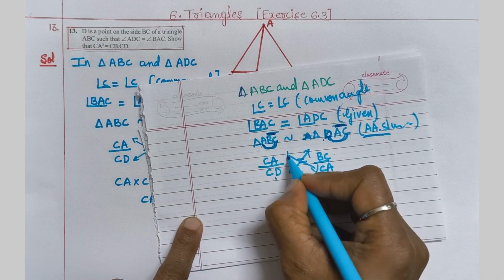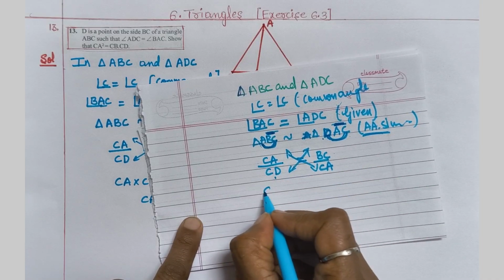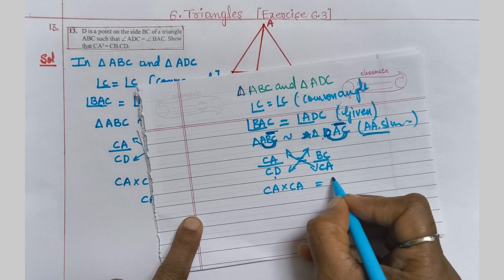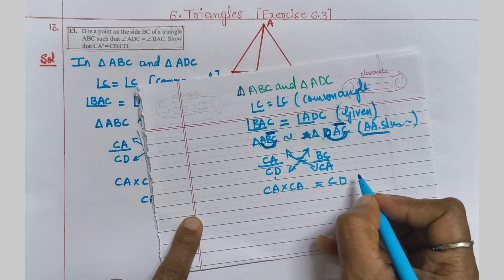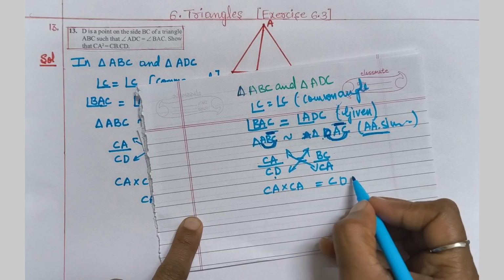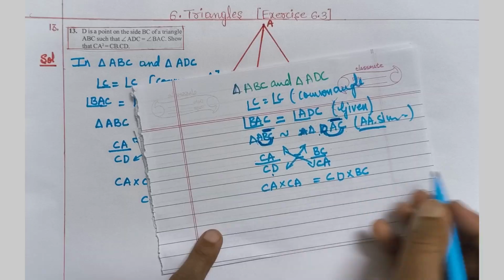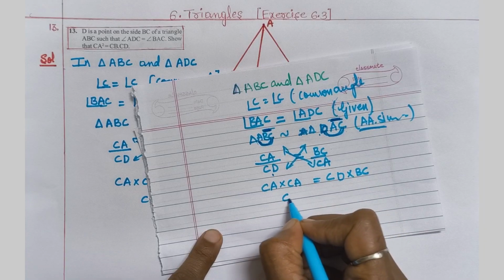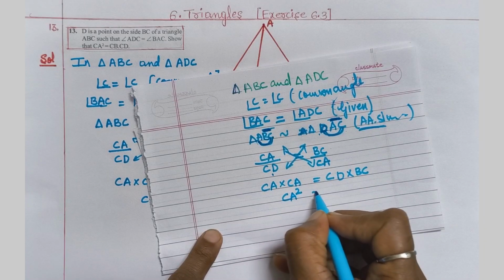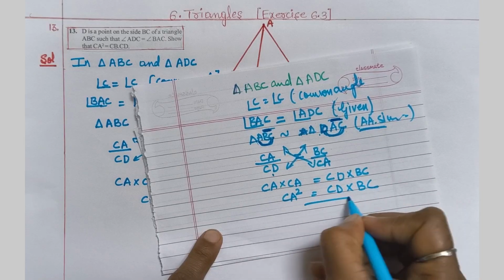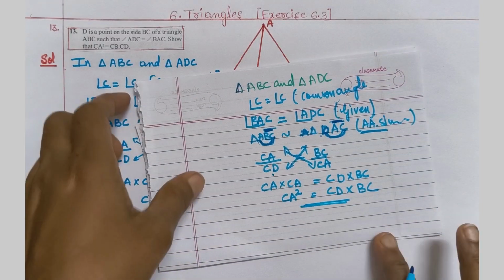CA into CA is equal to CD into BC, or BC into CD, however you write, no problem. CA square is equal to CD into BC. This is the answer.